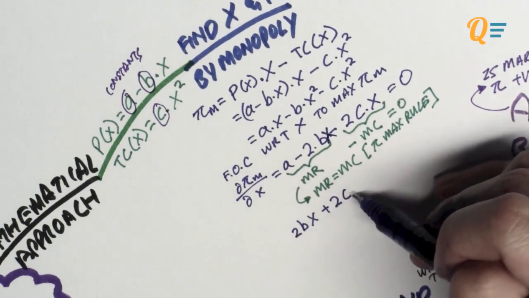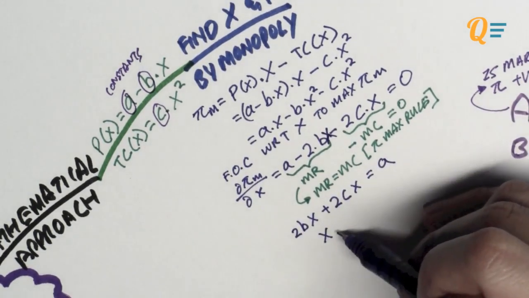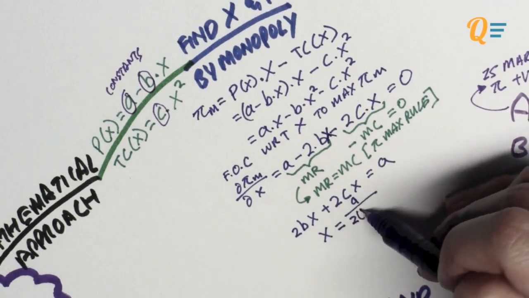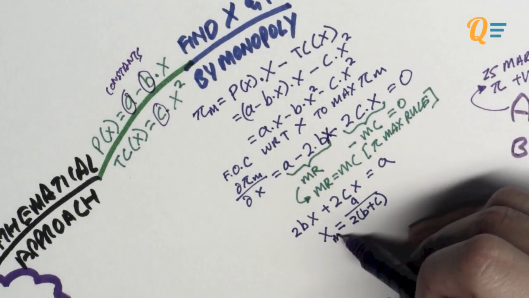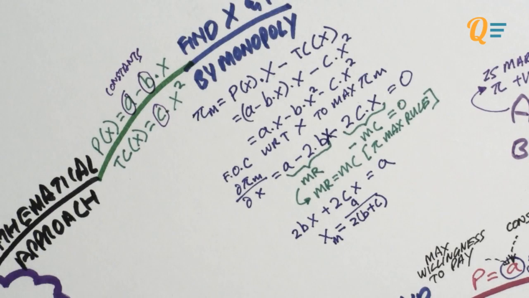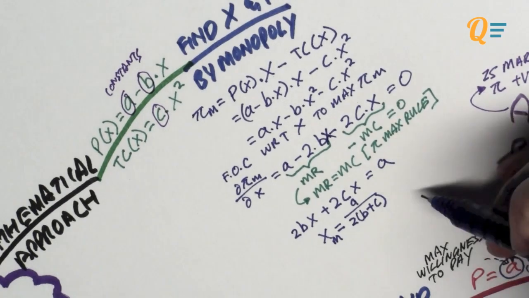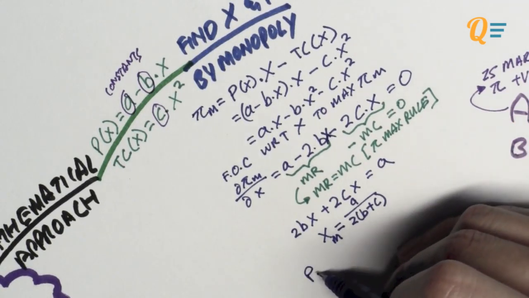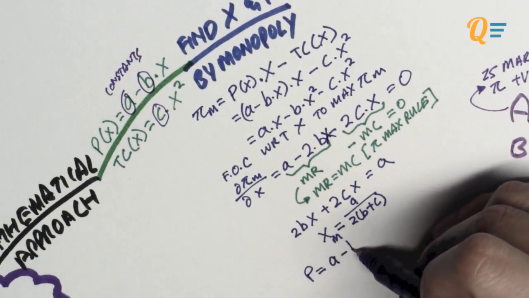So what I'm going to do next is to actually solve for x, okay? And this is the equilibrium quantity that the monopolist is going to produce. I'm just going to denote it as xM, okay, to show that this is the monopolist quantity. So what I'm going to do next is find the price, right?